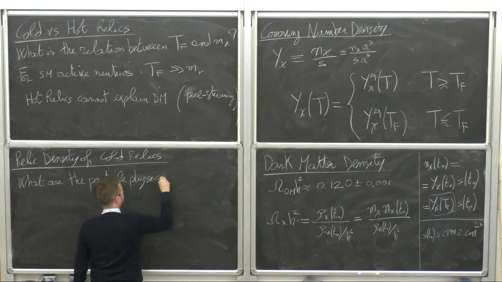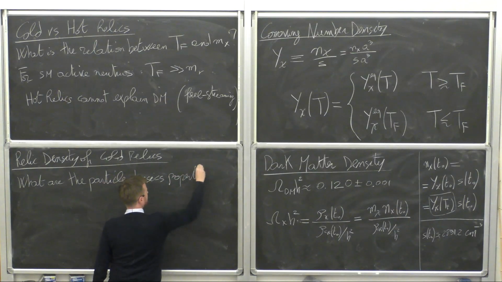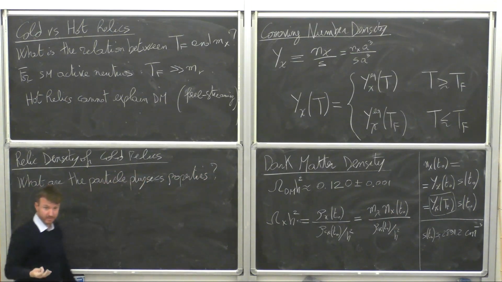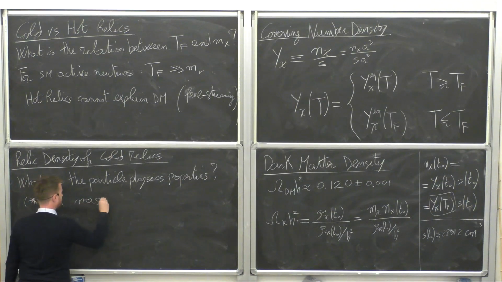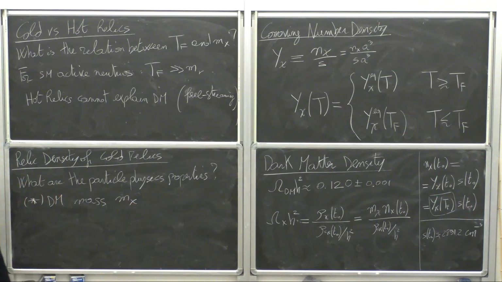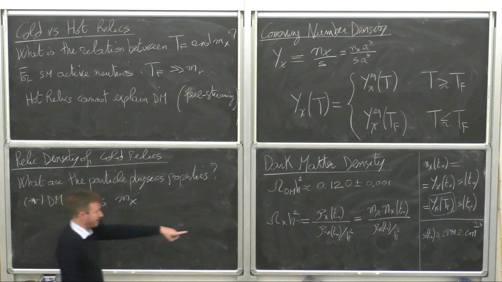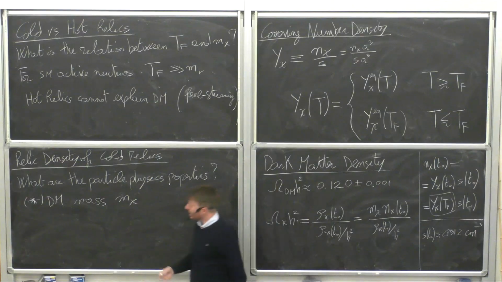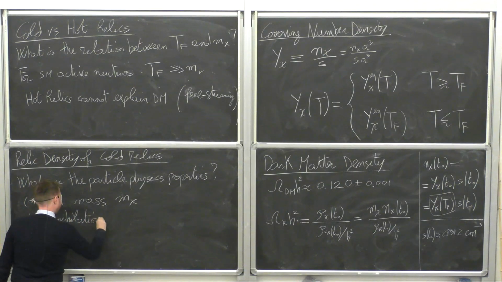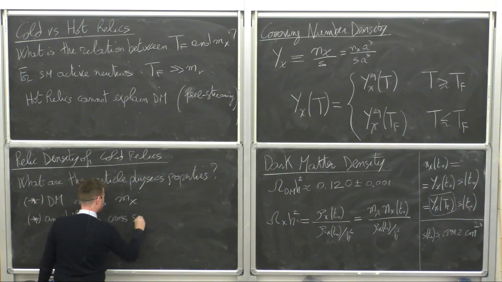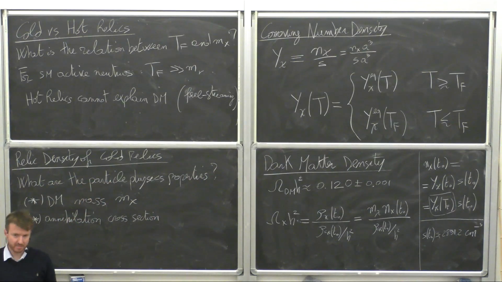The particle physics properties that have an impact on the relic density are the dark matter mass, m chi, which already appears in this equation here, and then of course the annihilation cross-section. Actually, technically it is the cross-section times the relative velocity, the Møller velocity. We will see more about that.